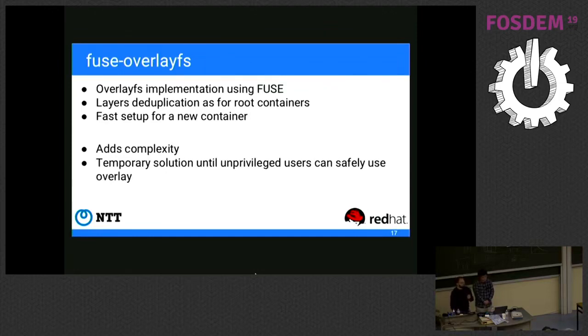It's very fast to set up a container because we basically need to create an empty directory. But it also brings extra complexity. It's a new implementation and had a few issues in the last month. In general, I consider it a temporary solution until overlay from the kernel is usable. So this was just to not stop us from using overlay for now.